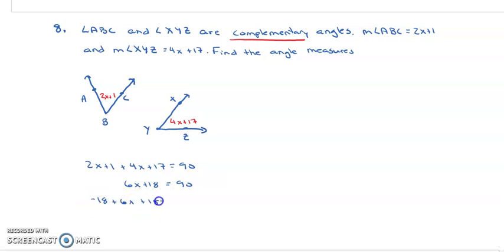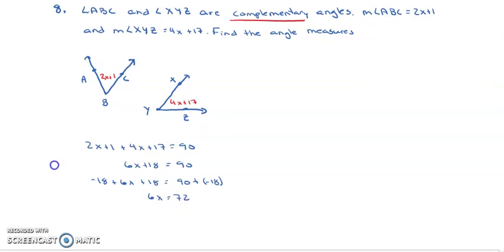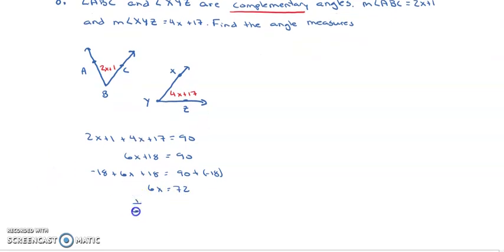Some of you might subtract, that's okay. And I get 6x equals 72. Then from here, we're going to multiply by our reciprocal, and we get x equals 12.